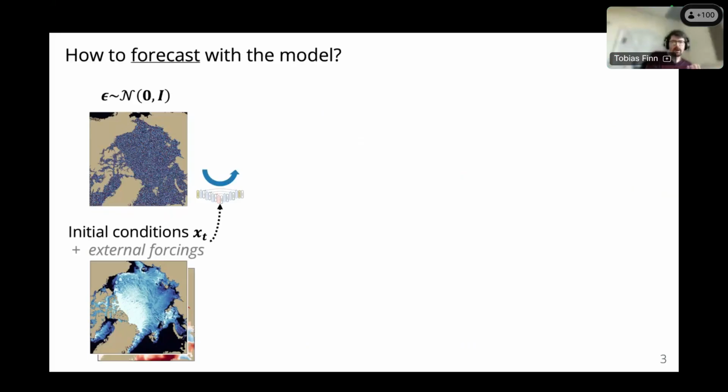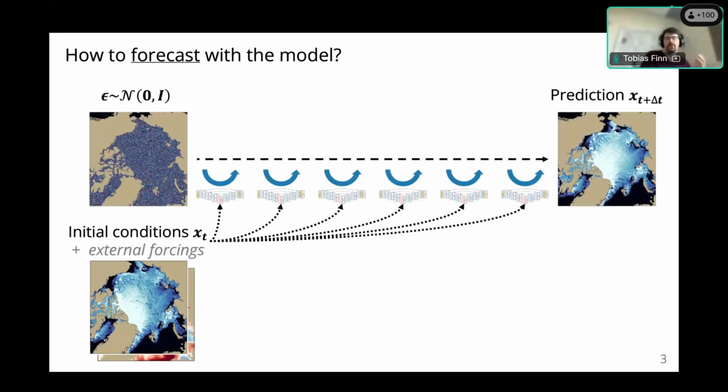We apply our neural network, which is once again conditioned on the initial conditions, and we apply our neural network, let's say 20 times, 40 times, 100 times, until we reach our prediction. Actually, this can be seen as an ordinary differential equation. So this is a generative flow ordinary differential equation, and we basically integrate the velocity from pseudo time 0 to pseudo time 1.